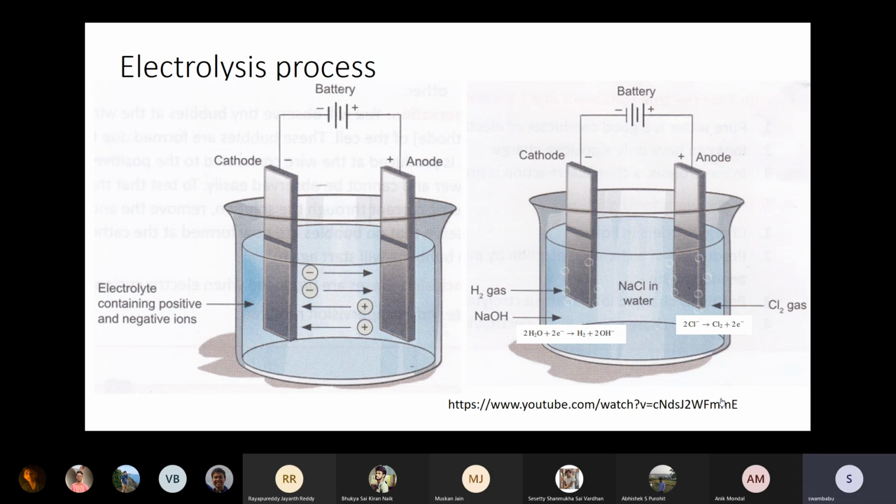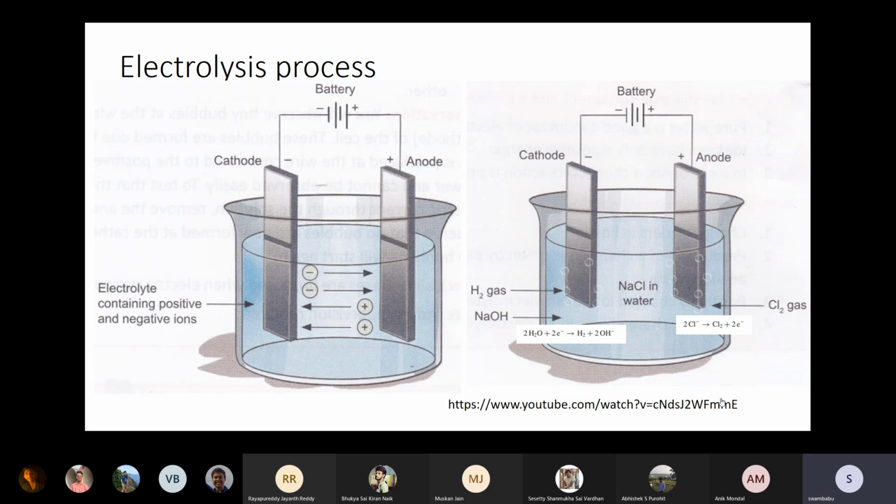So if you put two electrodes, the electrodes could be any electrically conductive material: graphite, titanium, or platinum coated titanium, whatever.